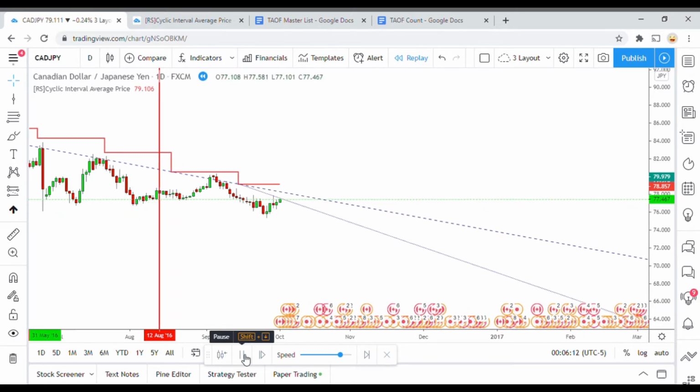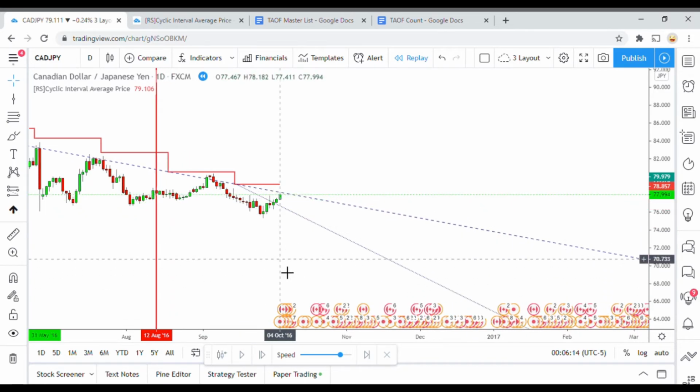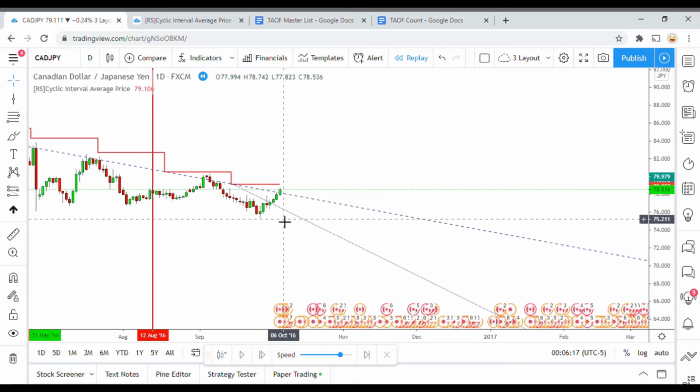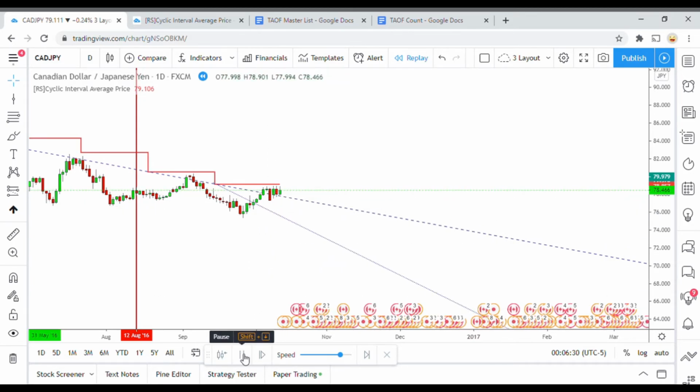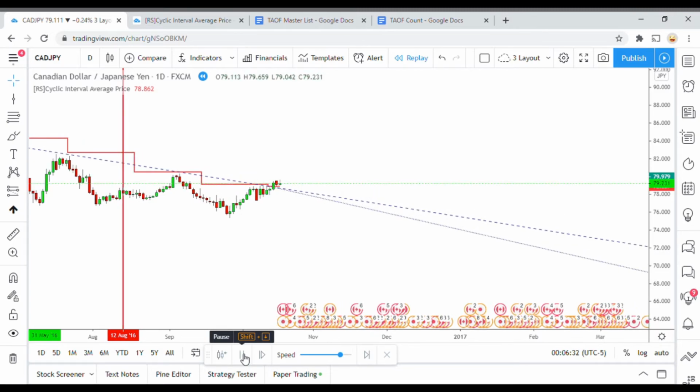Now under, went along, and spikes up above. Now touching the top line. That was second one, and a break above. That one didn't quite make it down below.